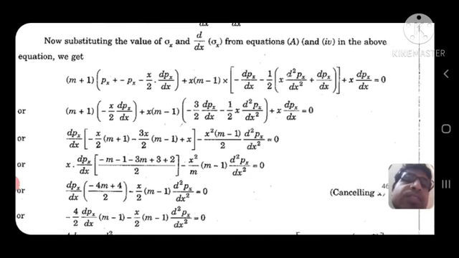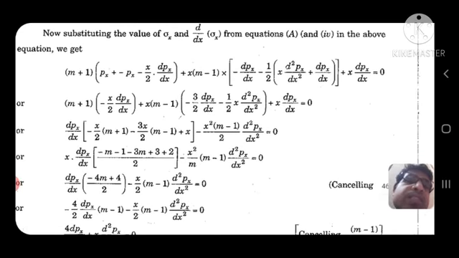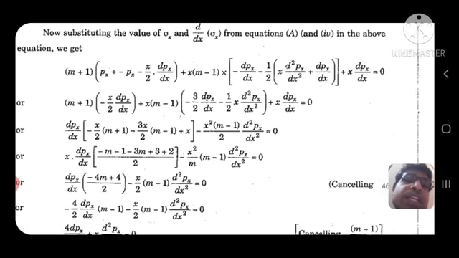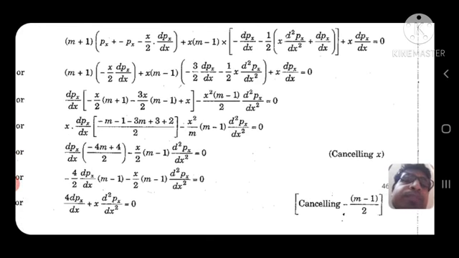Now substituting the value of sigma x and d sigma x by dx from equation A, we get (m plus 1) px plus minus px minus x by 2 dpx by dx plus x (m minus 1) into minus dpx by dx minus half x d square px by dx square plus dpx by dx plus x dpx by dx equal to 0.